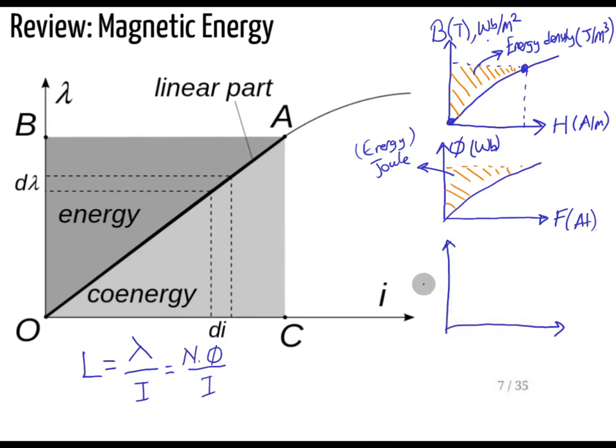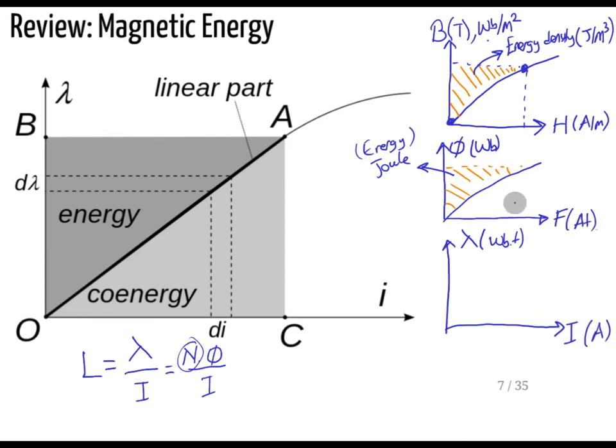So again, if I put that, this will be flux linkage. Flux linkage, just to put it into perspective, is Weber times turns. T is not time, turns. And on the other side you can write current, which is ampere.